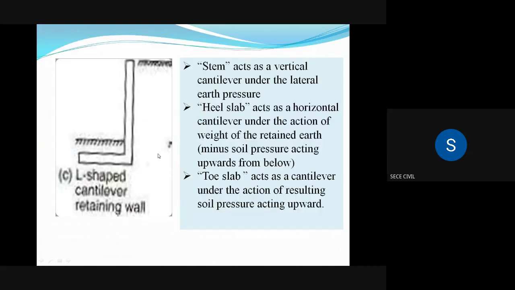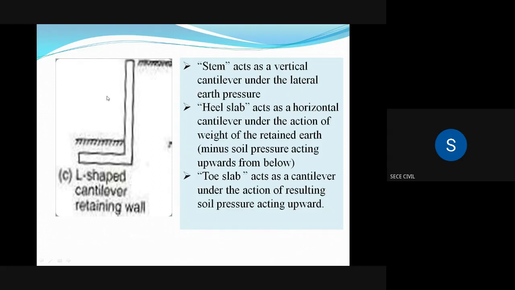Next is the L-shaped cantilever retaining wall. In an L-shaped cantilever retaining wall, the stem acts as a vertical cantilever under the lateral earth pressure. The heel slab acts as a horizontal cantilever. So in an L-shaped cantilever, there are two portions: stem and heel portion.